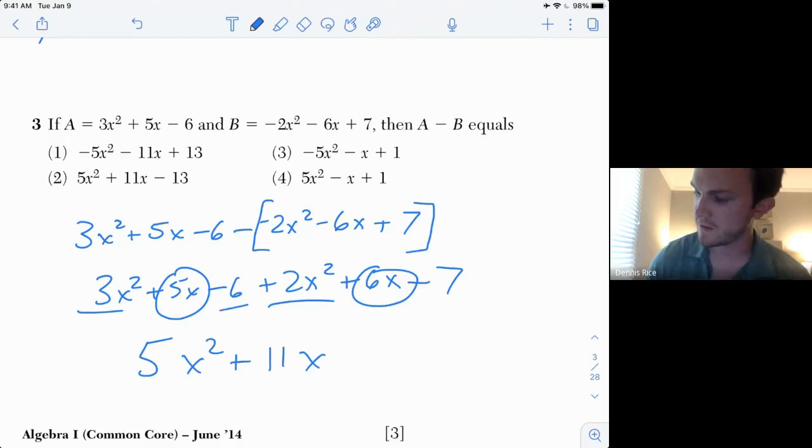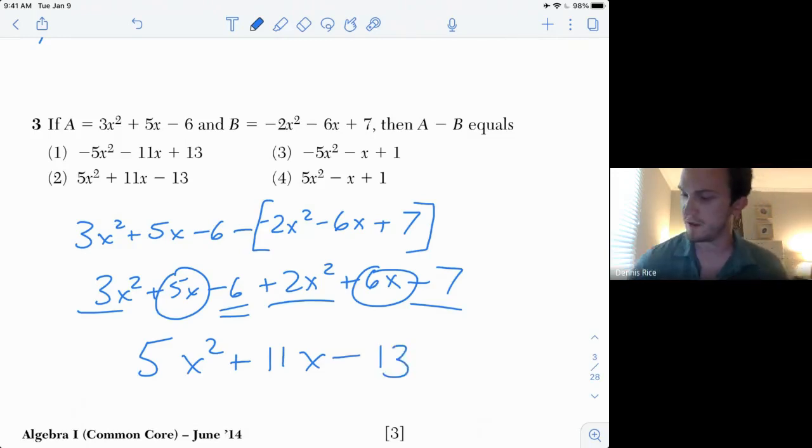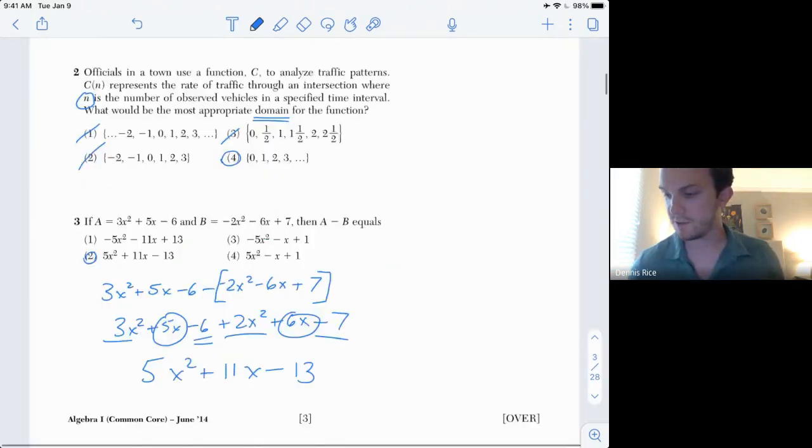And it was negative 6. I'm a little sloppy here. Negative 6 and negative 7 gives me minus 13. So putting that all together, that should be choice 2. I made them look like brackets, but those should be normal parentheses. Okay, questions with 1, 2, or 3.